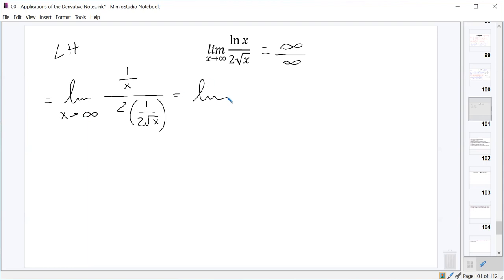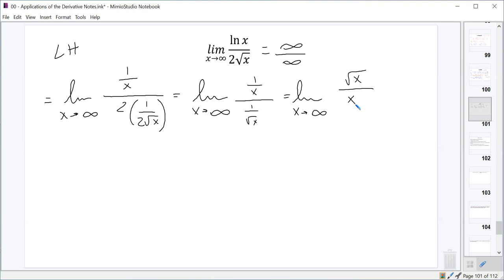And we have a limit as x approaches infinity of 1 over x over 1 over root x, which it makes sense to simplify. This becomes a limit as x approaches infinity of, well, if you have a fraction divided by a fraction, you just multiply by the reciprocal. So that root x goes up into the numerator. And in the denominator, we just have x.